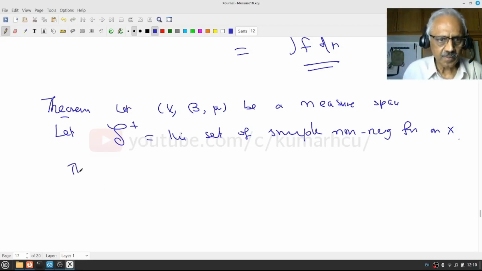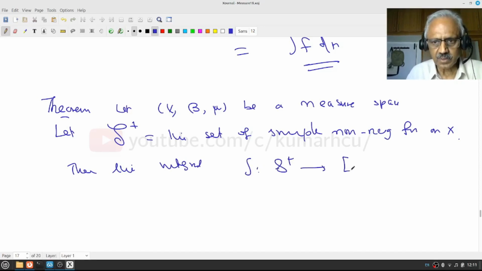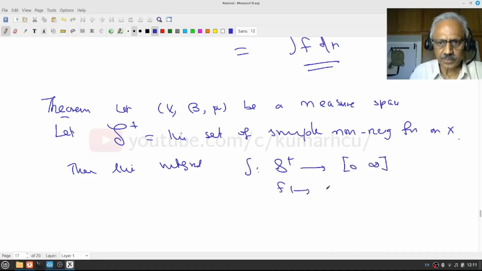Then the integral, from S plus to [0, infinity), going F to integral of F d mu, has the following properties.